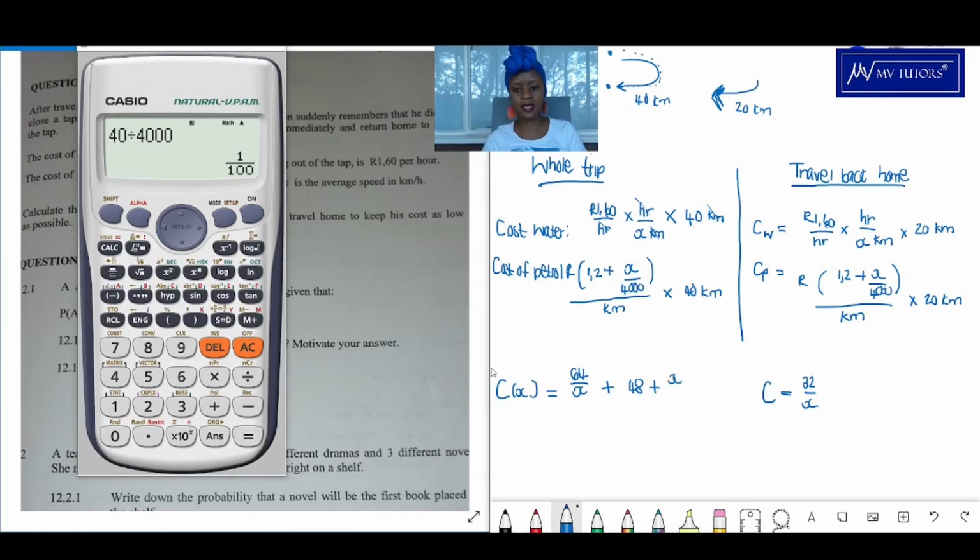So it's just going to be x over 100, right? And that's pretty much the cost of petrol. So this side, I have 20 times 1,2, half of 48, that is 24. And then I'm going to have 20 over 4,000, I think that's going to be 1 over 200.